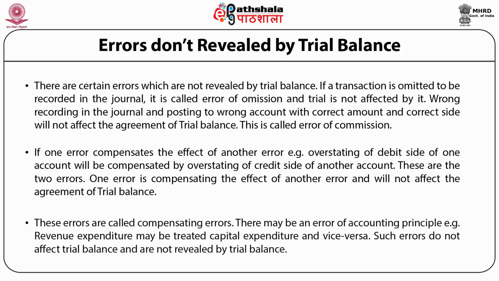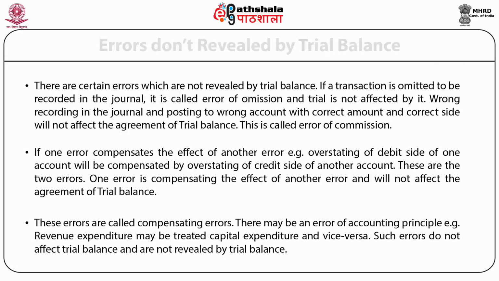These errors are called compensating errors. And there may be an error of accounting principle. For example, revenue expenditure may be treated as capital expenditure or vice versa. Such errors do not affect trial balance and are not revealed by trial balance.